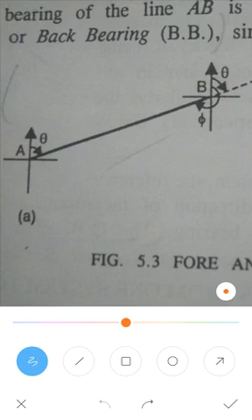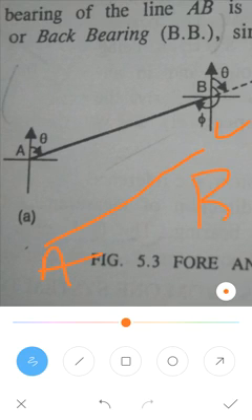That angle is given as 5. This angle determined backwards is called the back bearing. Consider this is the line AB.